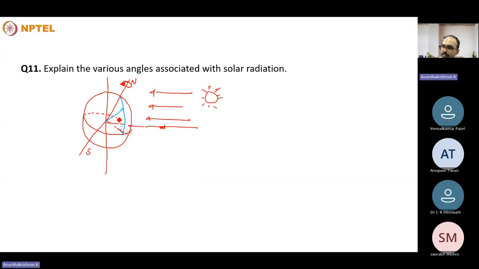So this angle, lambda, is at some arbitrary location on the surface of the globe. This is the meridian from the north-south direction. I'm drawing it only till the equator point, and from that point we take an angle. That is one angle, lambda.